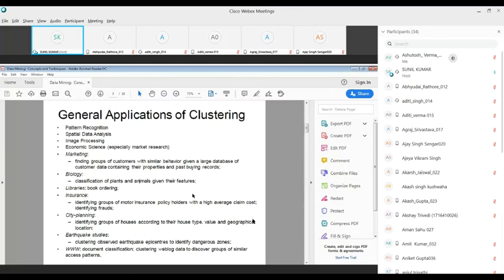Then on the WWW, there is document classification, and clustering weblog data to discover groups of similar access patterns. It means grouping similar things together is basically clustering. In simpler words, just remember this: clustering is grouping of similar objects together.